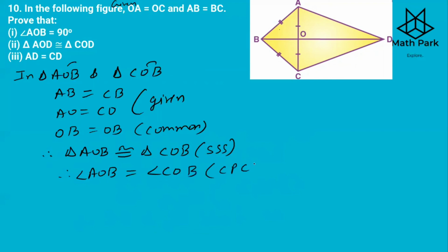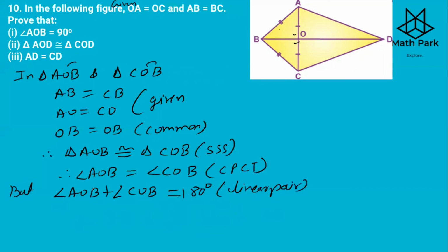These two angles you got equal. Now these two angles, they also form a linear pair. So therefore you get angle AOB plus angle COB is equal to 180 degrees because they stand on a line. They form a linear pair. And now in place of this COB, can I write AOB from here?